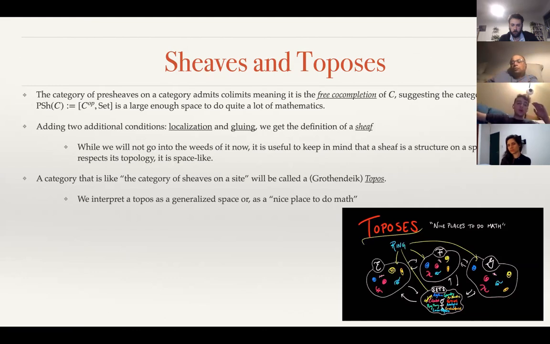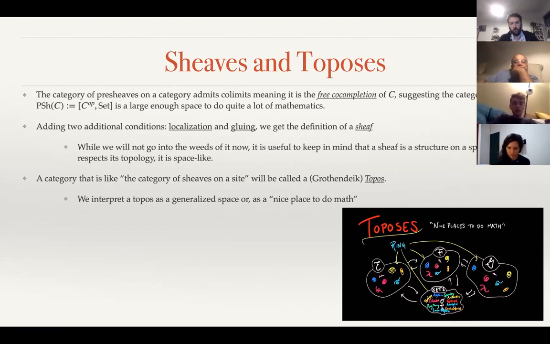So presheaves always glue together well, meaning it's a free cocompletion of C. So basically, what a category of presheaves on a category C really is, is we take all of the completions of that set.